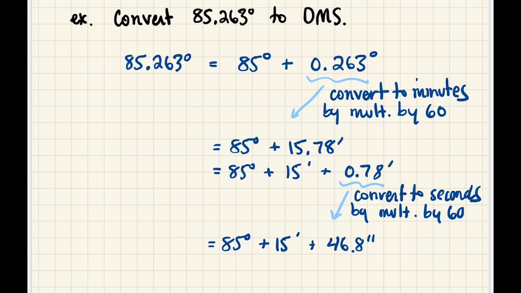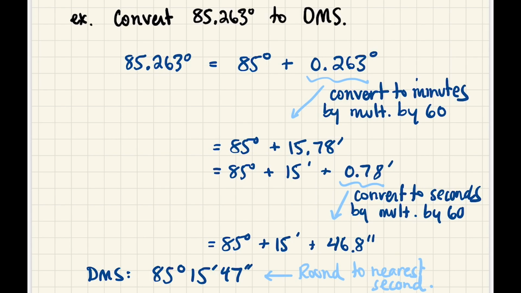So now writing this in DMS format would be 85 degrees, 15 minutes, and let's round to the nearest second, so 47 seconds. We round to the nearest second because we just didn't have enough precision in the original problem. 1/1000th of a degree has the same approximate precision as a whole second, not as a tenth of a second.